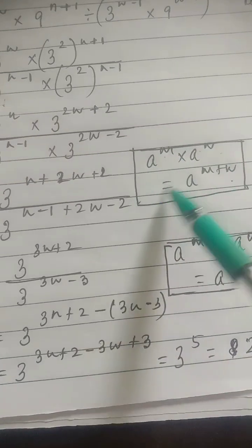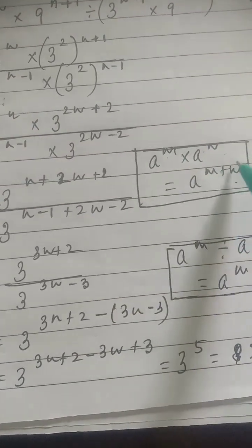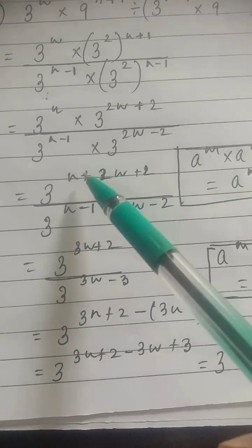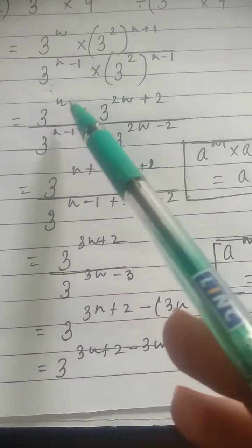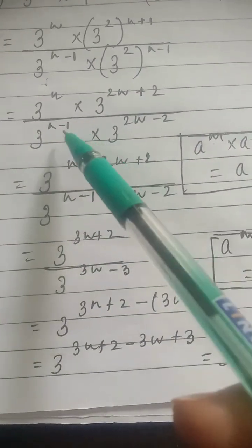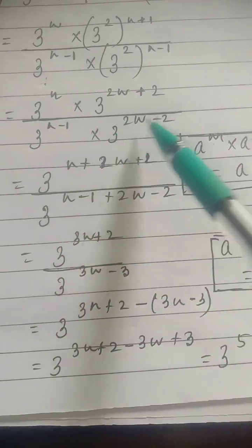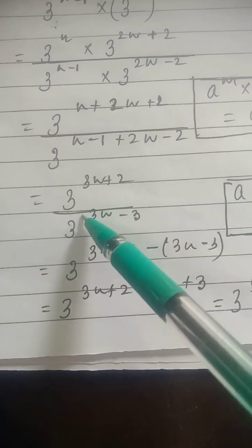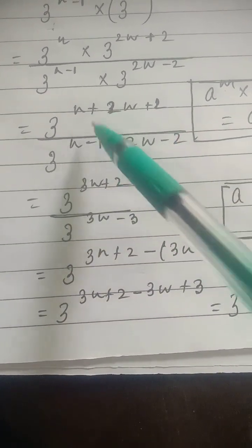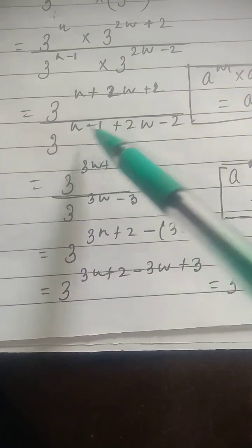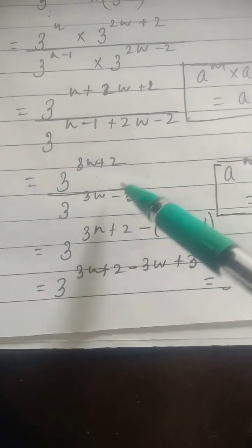So using this law, a to the power m into a to the power n equals a to the power m plus n, we'll just add the powers. So n plus 2n plus 2, and here 3 to the power n minus 1 plus 2n minus 2. Now simplify, we'll get 3 to the power 2n plus n, that is 3n plus 2, and here 3 to the power 2n plus n means 3n minus 3.